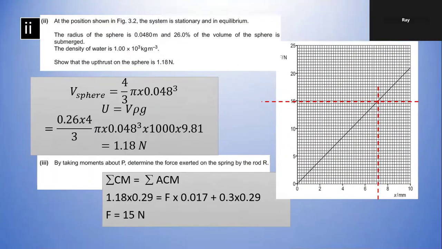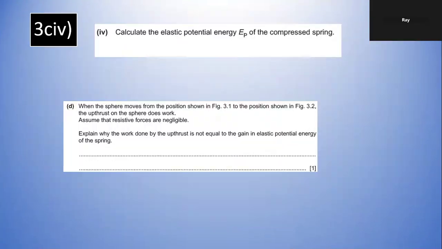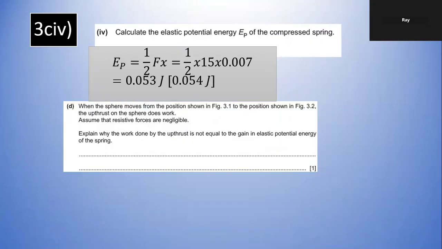Okay, let's carry on. Calculate the elastic potential energy of the compressed spring. Half Fx. Okay, 0.53 joule you can get. Can or not?